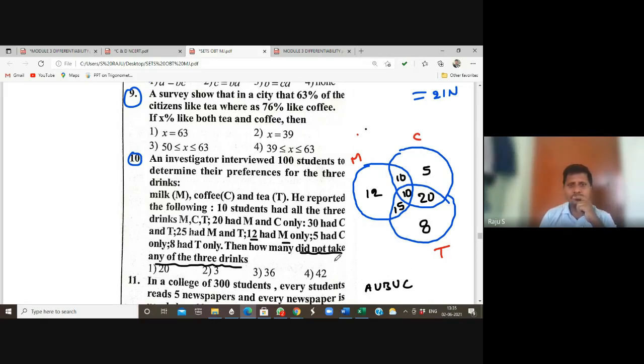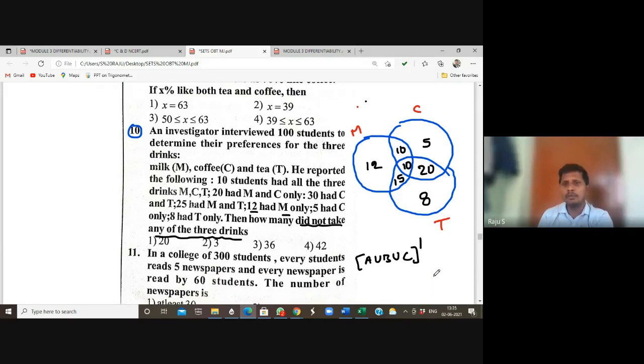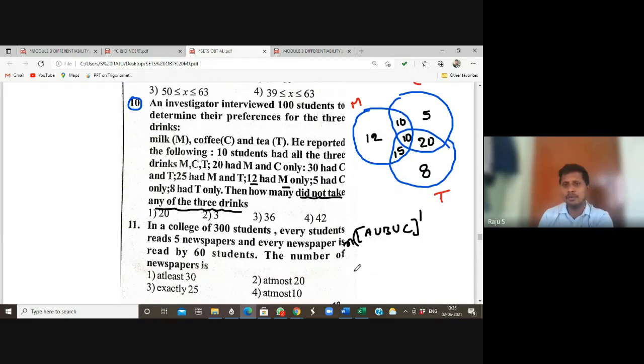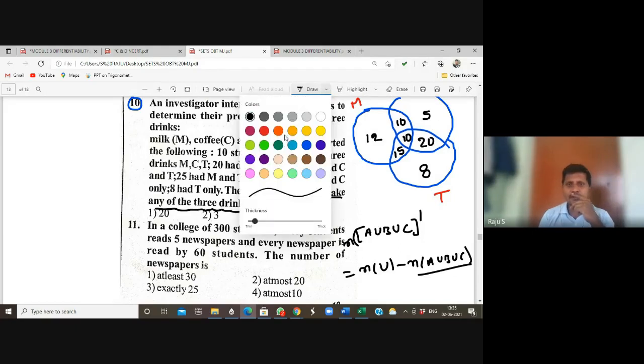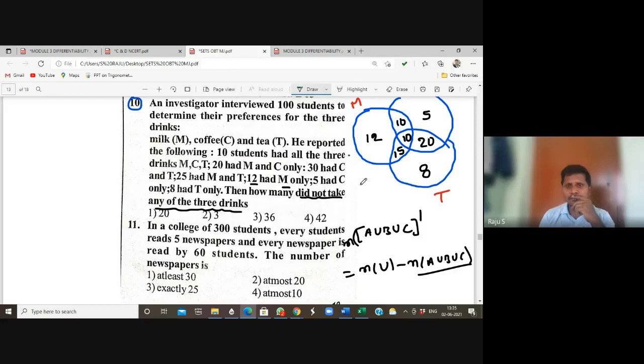But they are asking about those who take nothing, so the whole complement. n of this complement is n of U minus n of A union B union C. First, you should find n of A union B union C by adding all these values. How much are you getting? 80.